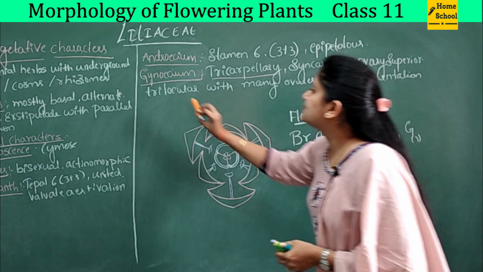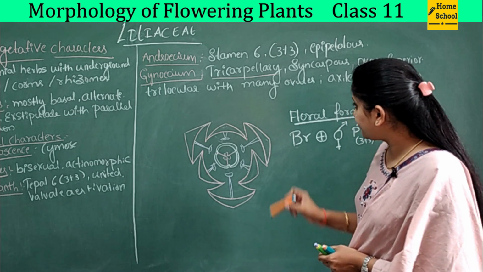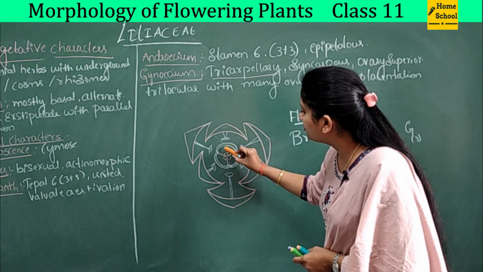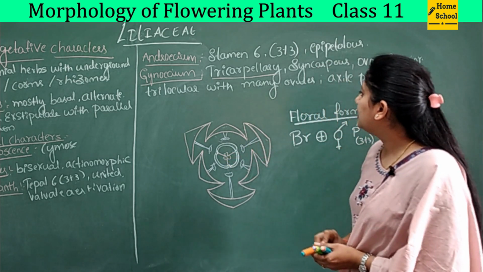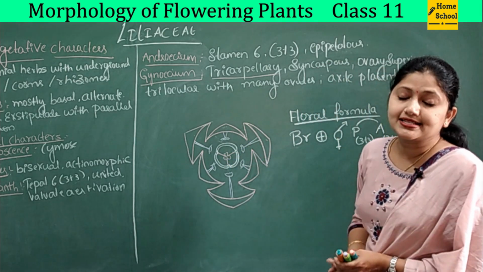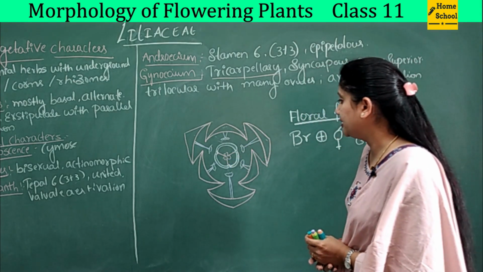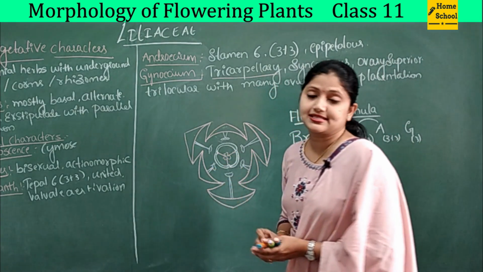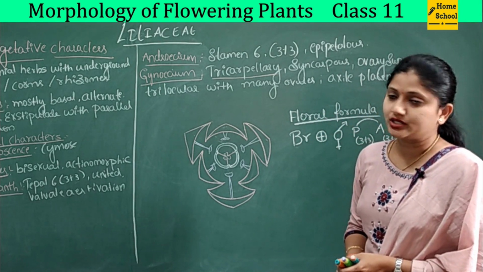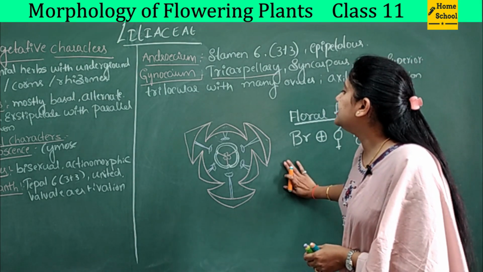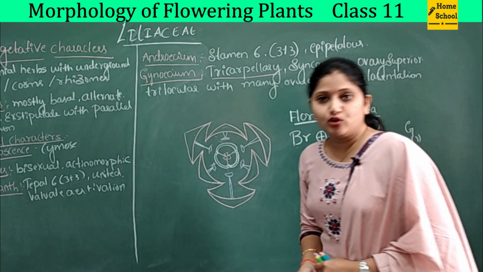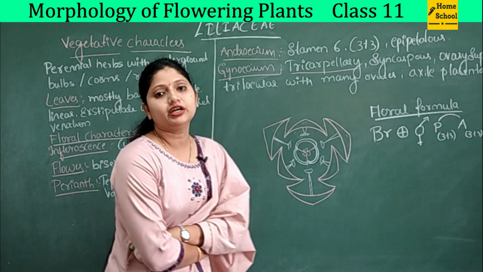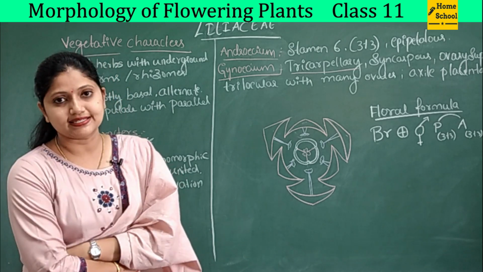So now it is multilocular. See, we have drawn 3 locules. 1, 2, 3. 3 locules and it shows the axile type of placentation. Fine. So we have also shown the axile type of the placentation here. So this is about the floral diagram and the floral formula of the members of the Liliaceae.